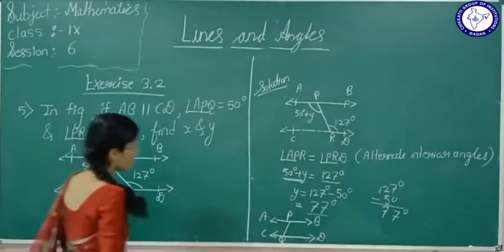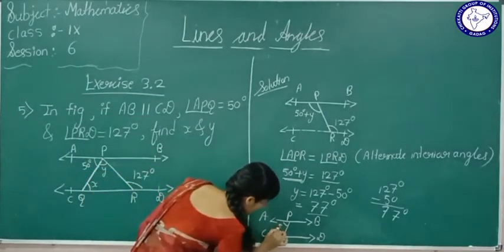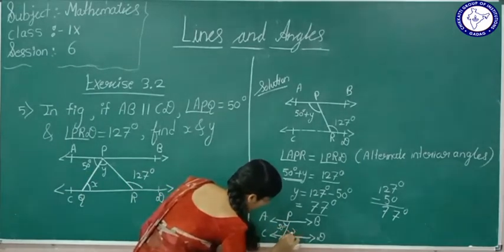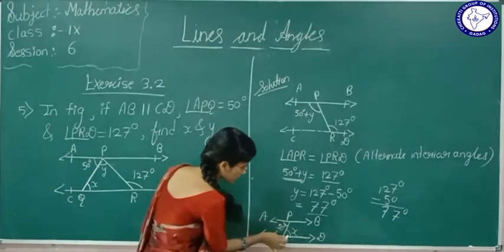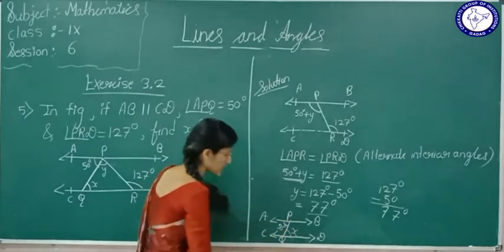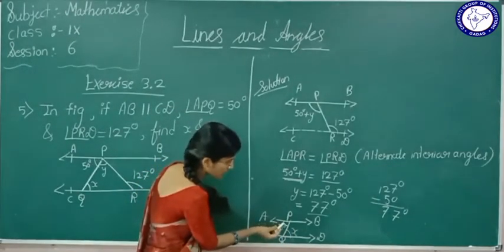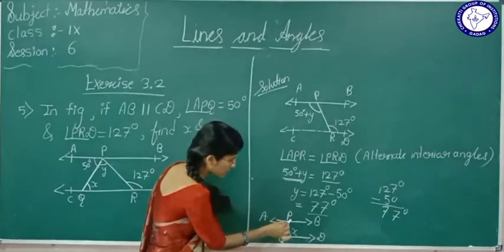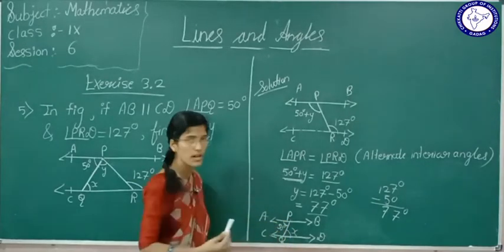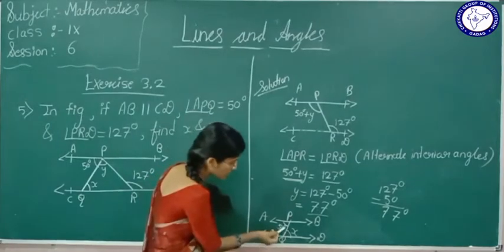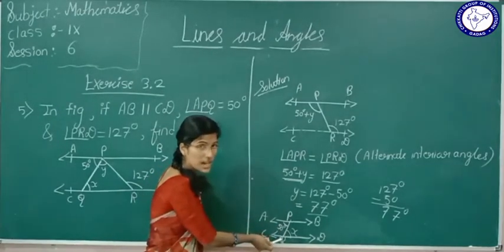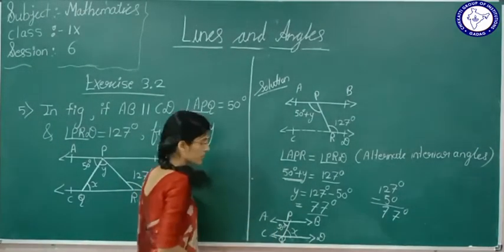This angle they have given 50 degrees and this they have given x. If two lines are parallel and a line intersects the two lines at different points, then these are alternate interior angles. Alternate interior angles are equal.